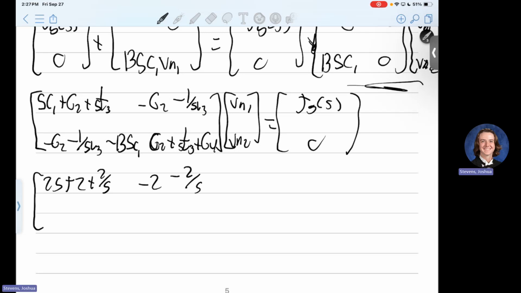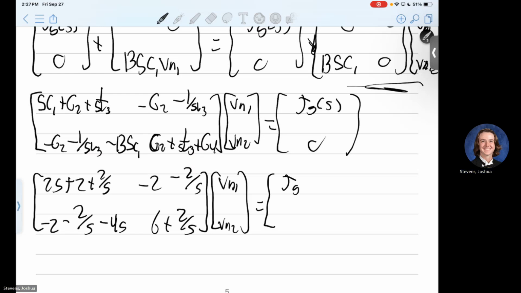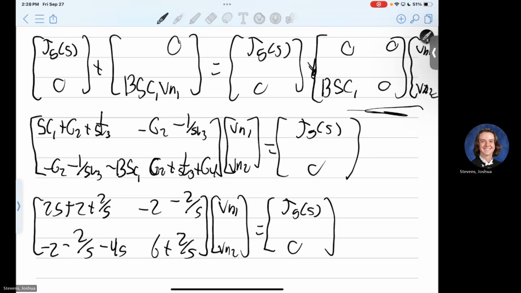We plug in the values to the left bottom, we will get negative 2 minus 2 over s minus 4s. Okay? And when we plug in the values for here, we will get 6 plus 2 over s. If you have any questions, just let me know.